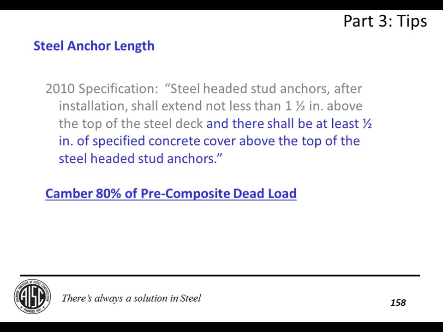So this is in recognition of the fact that your simple supports, even a shear tab, have a certain amount of rotational resistance. So if you camber out 100% of your computer model's pre-composite dead load, you're probably going to over-camber that beam, and you run the risk of your studs sticking out of the top of the concrete slab, which is not where you want to be.